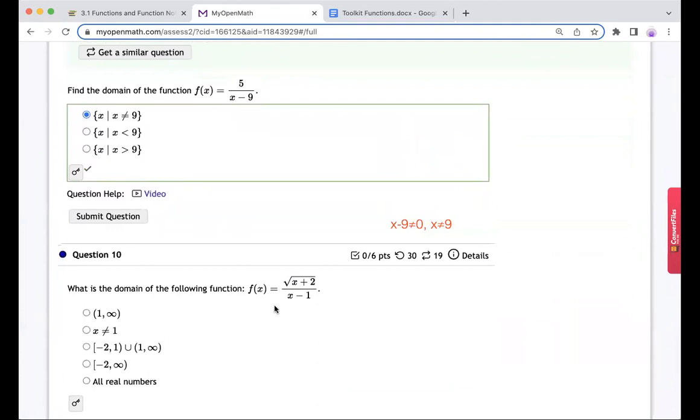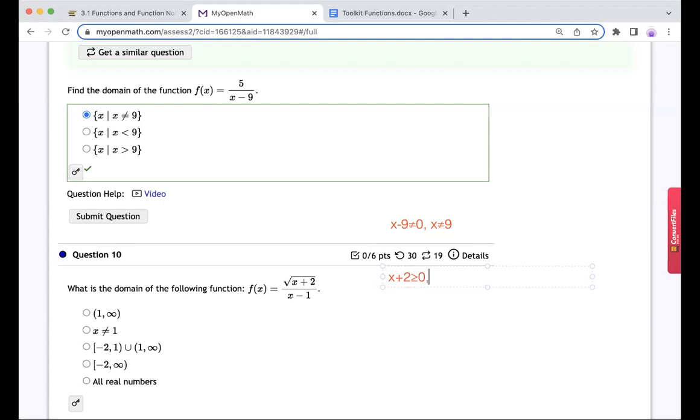Now the next question, this one right here. We have square roots right here, right? So you have to make sure that what is under the square root has to be greater than or equal to 0. So for this one, first, you have x plus 2, and this has to be greater than or equal to 0.